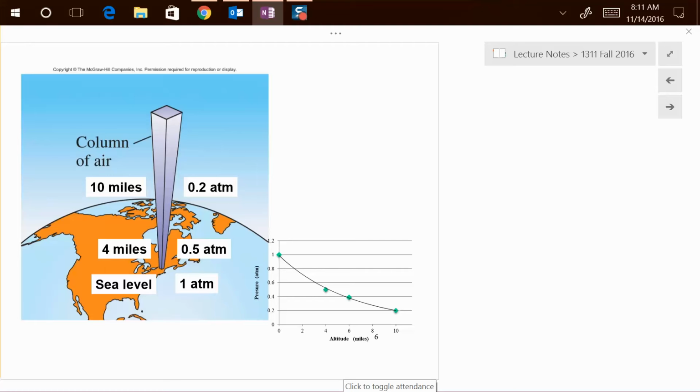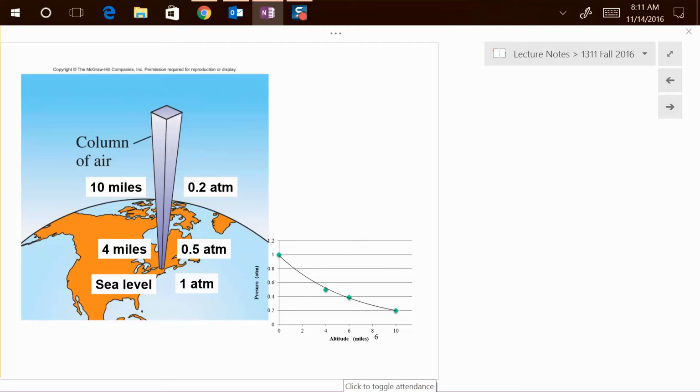Why? Because our bodies are acclimated to push back against it. Our bodies have a pressure inside that pushes outward, so it doesn't feel harmful to us. I can't really feel it. But atmospheric pressure is real. 1 atmosphere of pressure is pretty heavy.